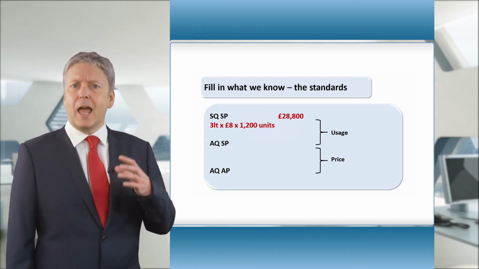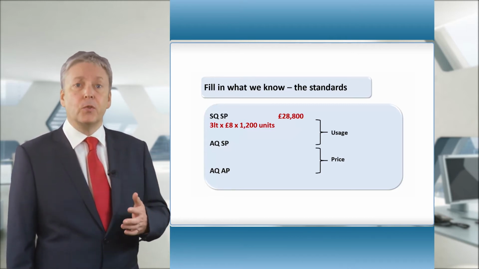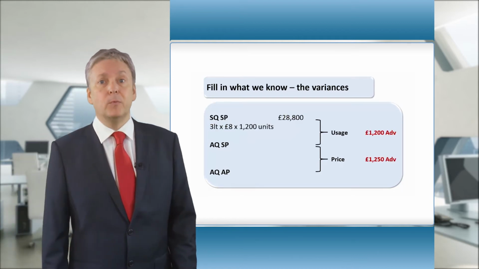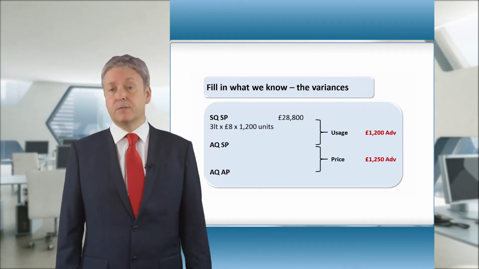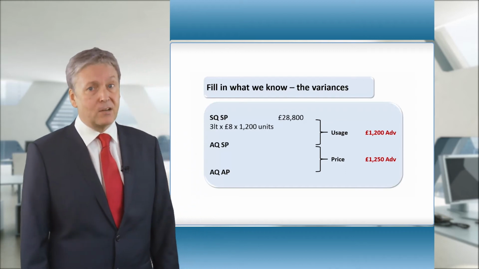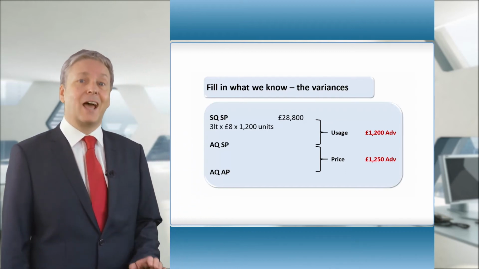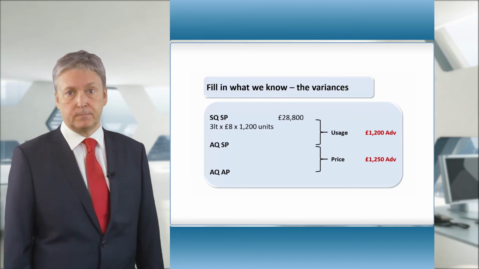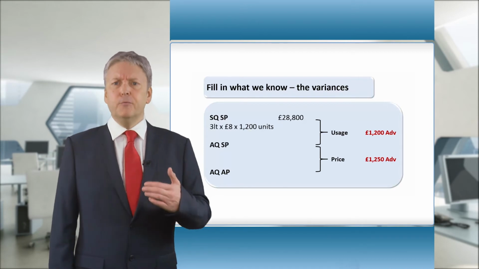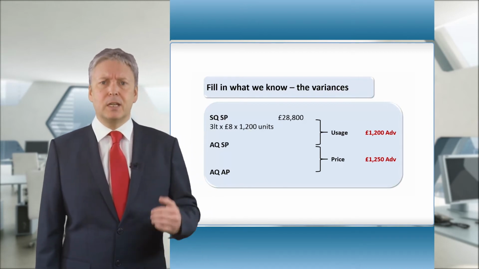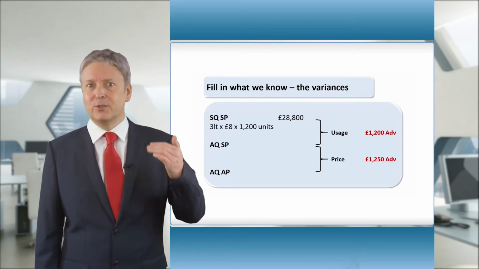Once we've filled in any bits and pieces we know on the left-hand side, what we can then do is slot in the variances. Here we have 2 variances, an adverse usage variance and an adverse price variance. Now what we have to remember here is that if we have an adverse variance, that means that the bottom is bigger than the top.